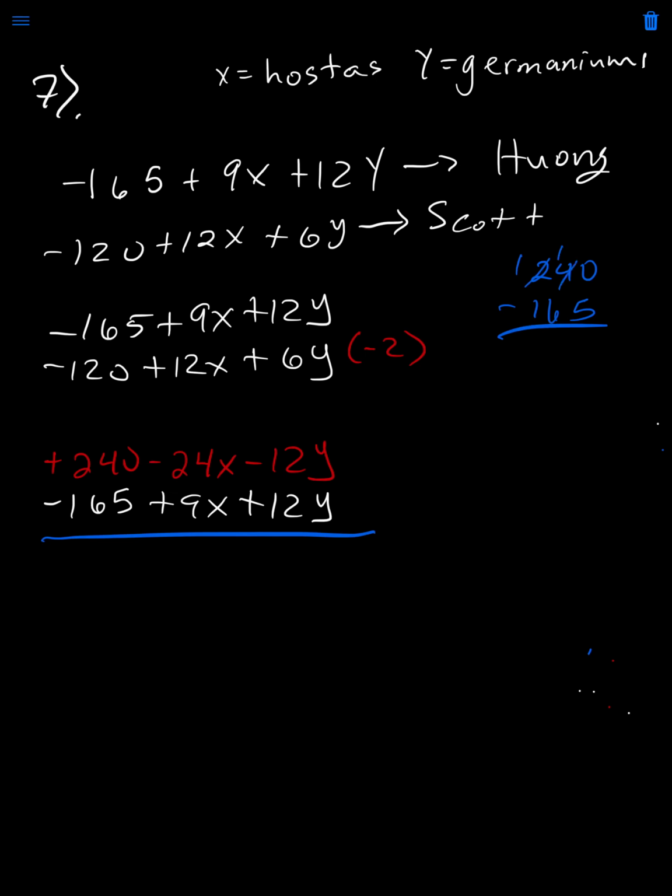I'm going to combine them now. 240 minus 165 is 75. 24 minus 9 should be negative 15x. And of course, the y terms cancel out completely.